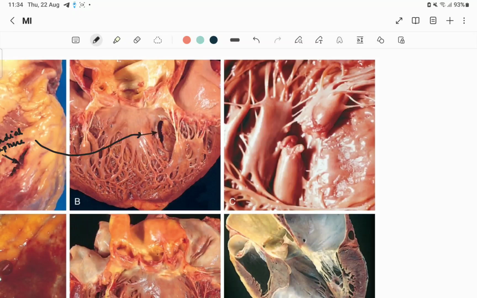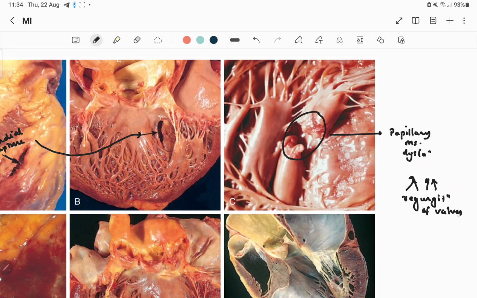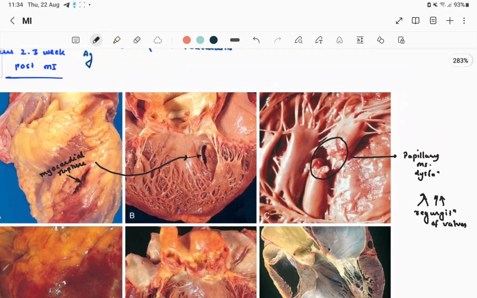And here you can see the papillary muscles have ruptured. So here we call it papillary muscle rupture, or papillary muscle dysfunction. And I told you, due to papillary muscle dysfunction, there will be regurgitation of blood through the valves, right?